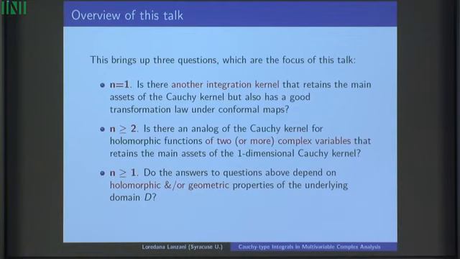And then in any dimension, 1 or higher, do the answers to these previous questions depend on analytic or geometric properties of the ambient domain? So on the regularity of the curve of integration, or somehow the geometric shape. Scott this morning was talking about convex bubbles, non-convex bubbles. As you will see, we will run into that same kind of question.